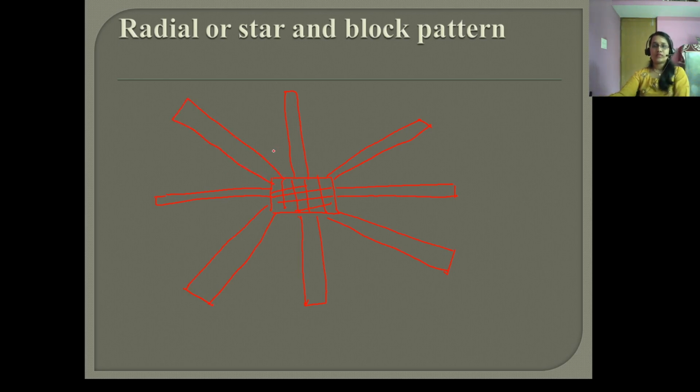So you can see here, these are the radial roads. These are rectangular blocks here. It is a built up area. This is the central business area.